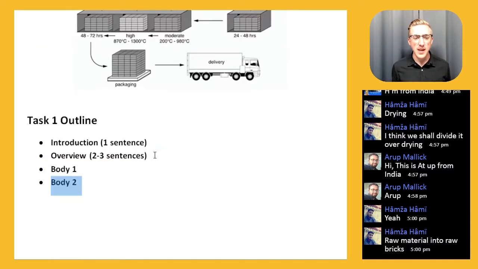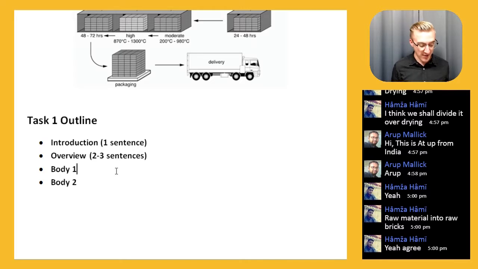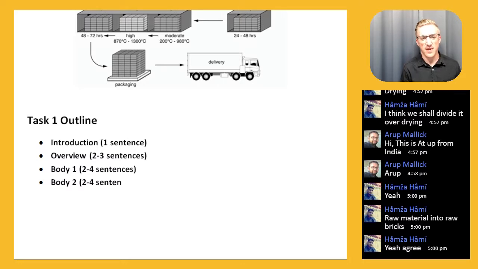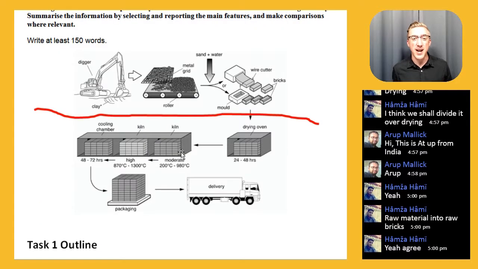Now you want each of those body paragraphs to be, I'll say, 2 to 4 sentences. Most of you will probably write 3 to 4, because basically the more complex your writing skill, the more information you can pack into one sentence.